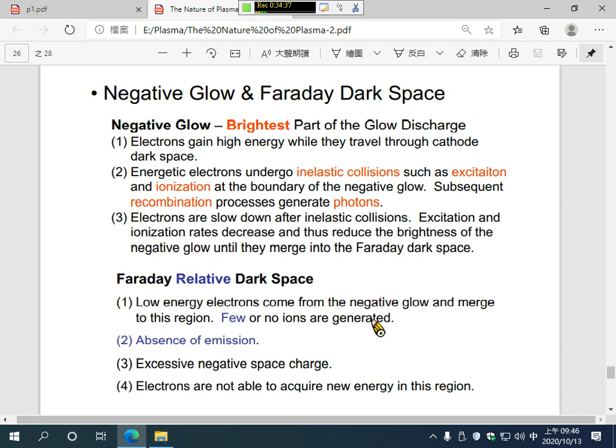And this recombination and relaxation process give photons, and it causes the luminance of the negative glow. And the electrons travel across the negative glow, lose their energy by collisional process, right? And then they can enter the Faraday dark space. And in the Faraday dark space, those electrons are with low energy.